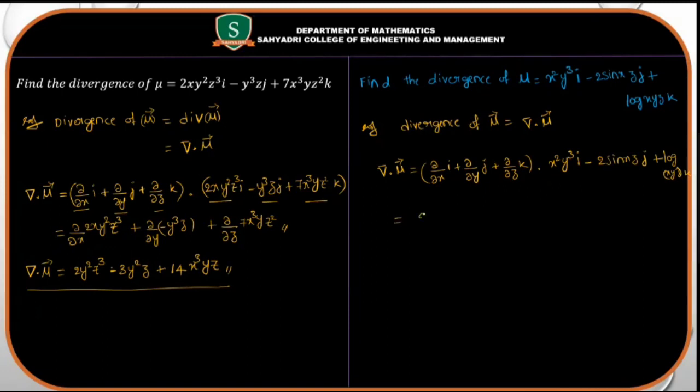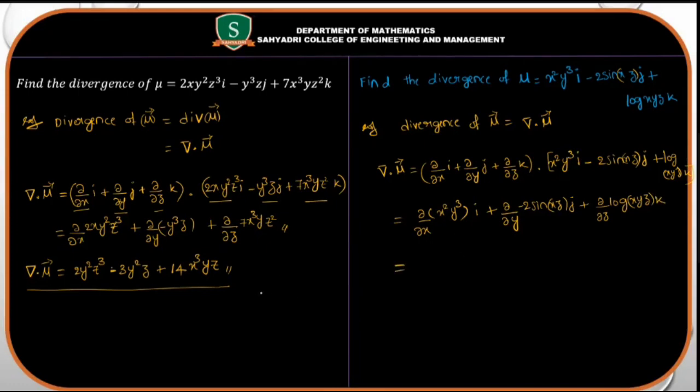So this is equal to dou by dou x of x square y cube, first applying i term to i term, plus dou by dou y of minus 2 sine xz, keeping a bracket for this, plus dou by dou z of log x y z.